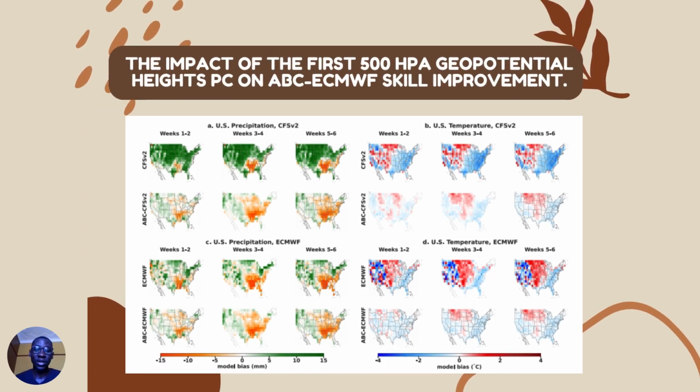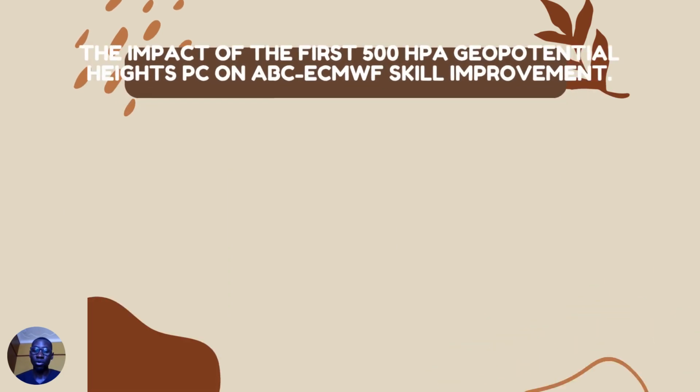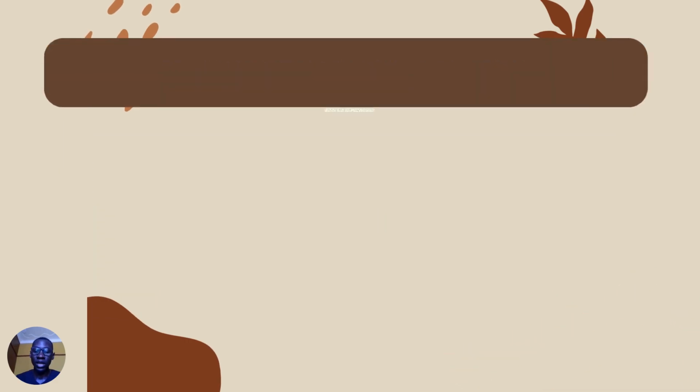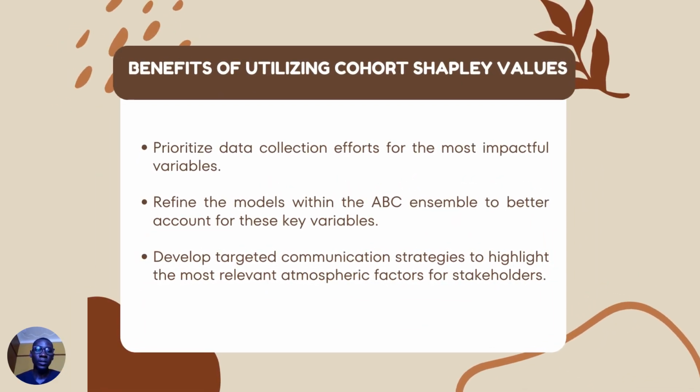the process to get the required value out of the process. This is a visualization of what they did. From the first week, they retrain again, they reprocess until they get a better output out of the model. Basically, this is the impact of the variable on the ABC skill improvement, on how it improves with time and how the ABC is performing.